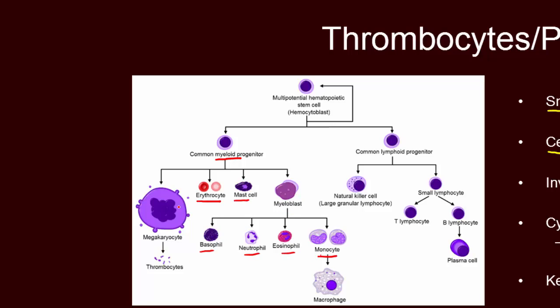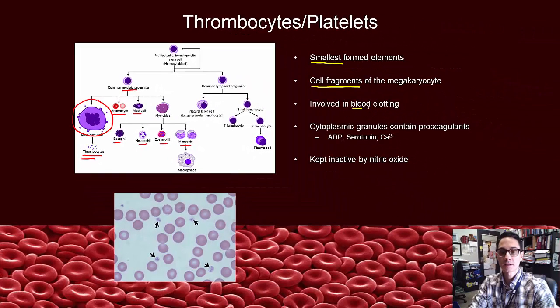Okay, but in this myeloid cell line we have a gigantic cell that never actually makes its way out of the bone marrow and into the bloodstream whole. What happens is that pieces of that megakaryocyte break off and enter the bloodstream, and those cell fragments are our thrombocytes. Okay, these thrombocytes are going to be very important in helping to clot our blood.